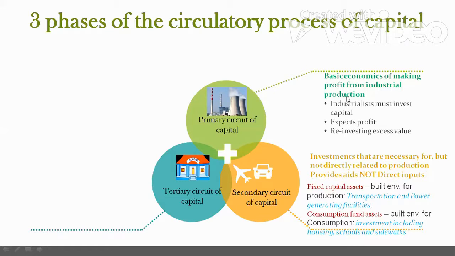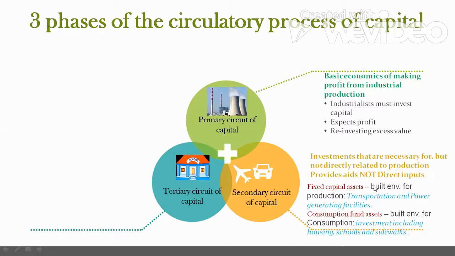But what it does, it aids, it helps the production process. So these are the fixed capital assets. This is the built environment for production, because you need to build them.